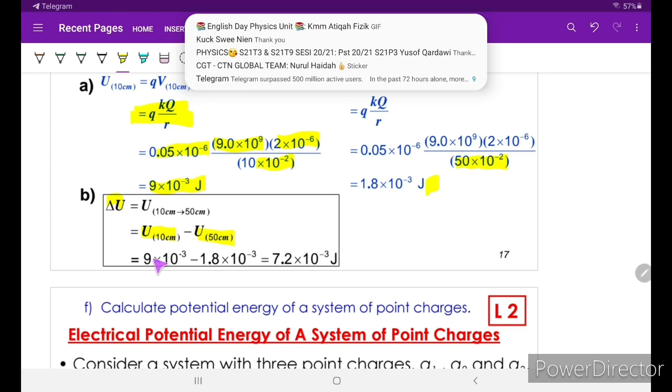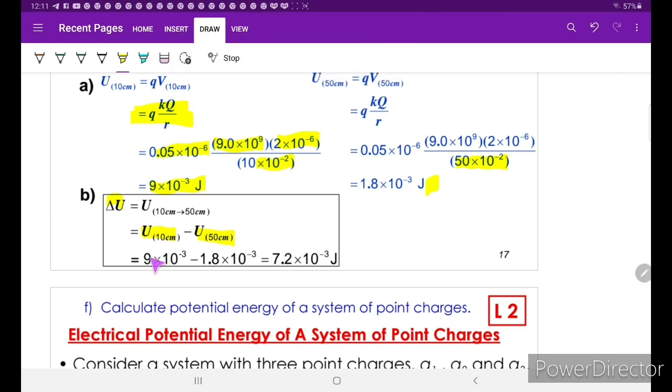Substitute the value for the energy at 10 cm and the energy at 50 cm. So we have the answer here. You can try to calculate it to check whether the answer is correct or not.